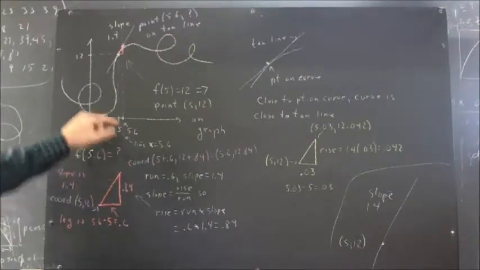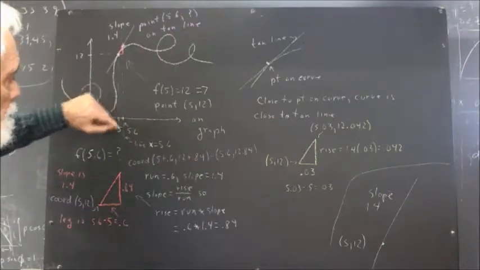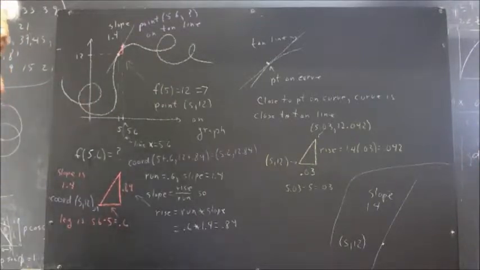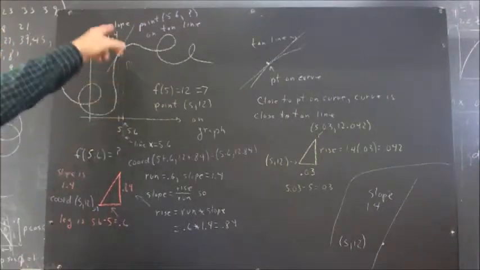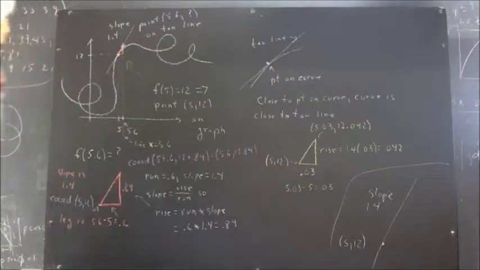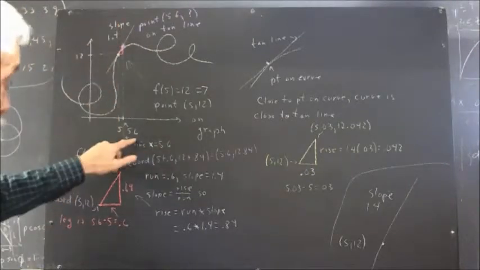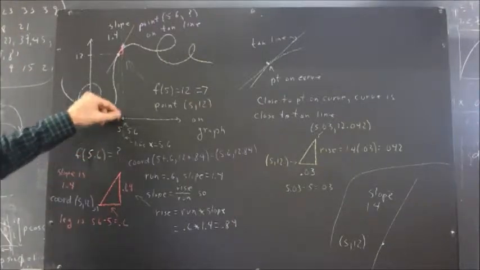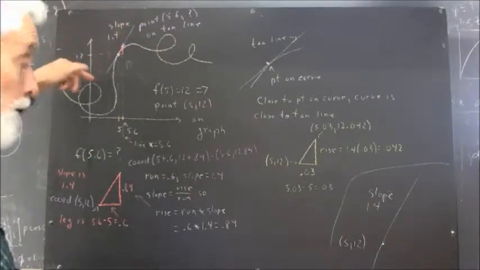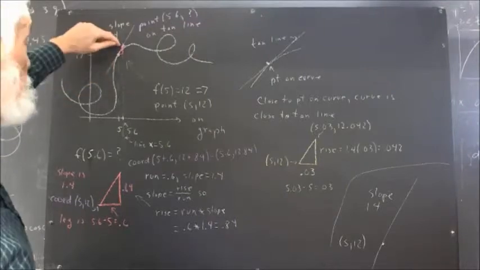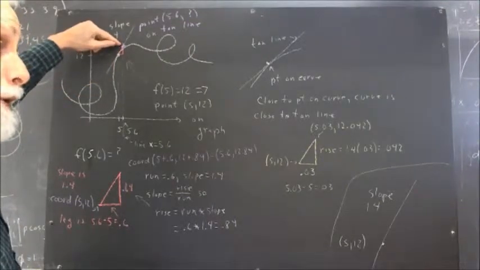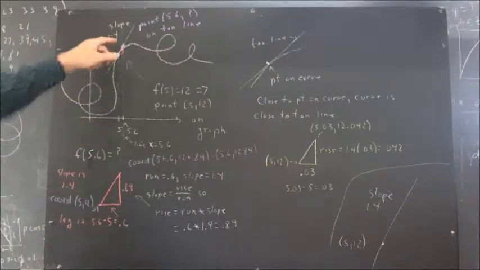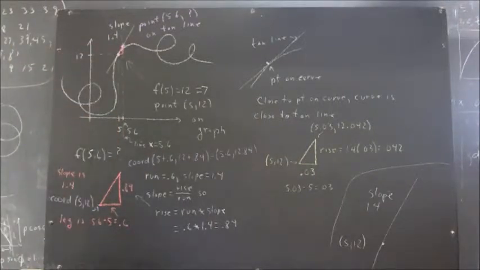Well, if this is where x equals 5.6, and this is where x equals 5, let's draw the vertical line x equals 5.6, the vertical line above 5.6 on the x-axis. That line goes up here and intersects the tangent line at a point, and that's the point I've marked in purple. It's kind of small, but there it is, and we're going to have an enlarged picture of it.